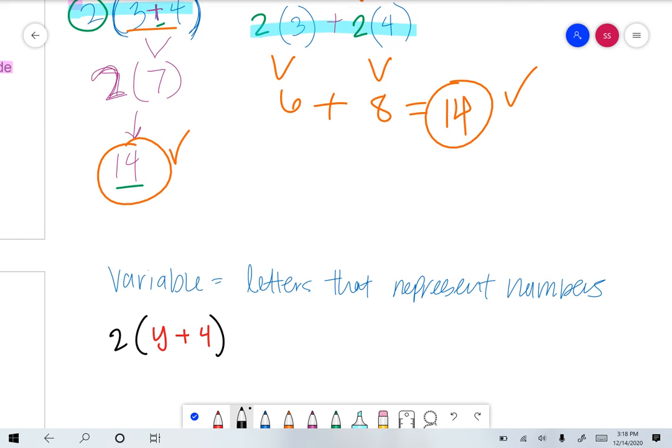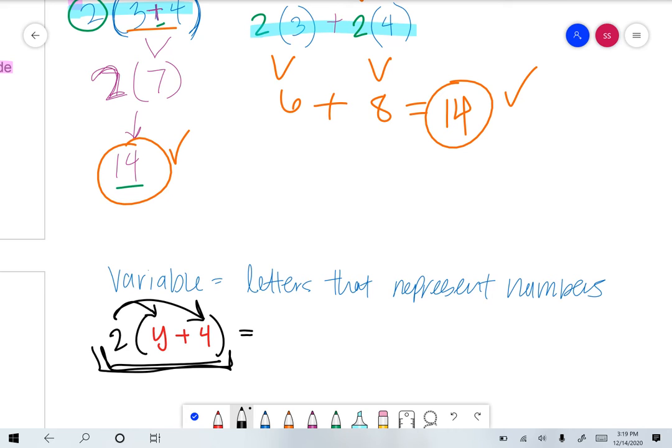So to simplify this expression, you would have to distribute what's outside to what's inside to actually get the simplified version of this expression. Okay. And again, this will start making a lot more sense once we really start using these properties and solving equations. But for now, I just want you to be able to recognize when distributive property is happening.